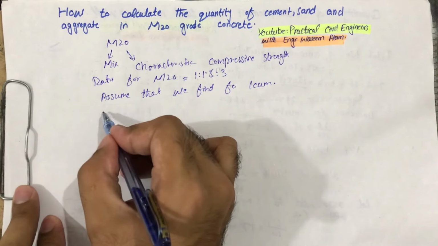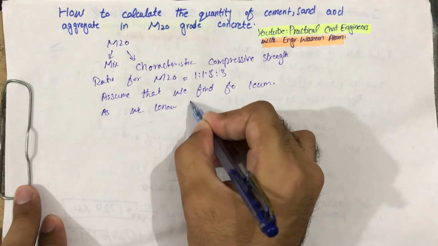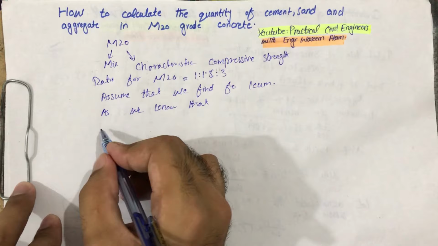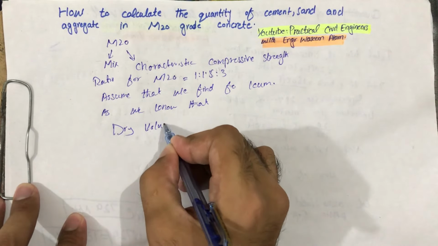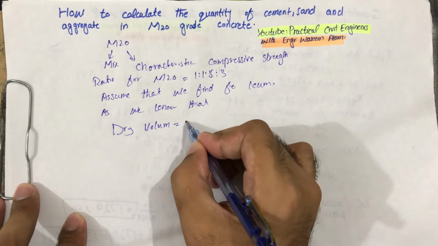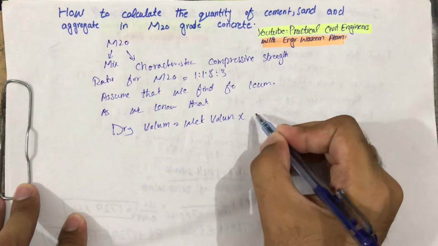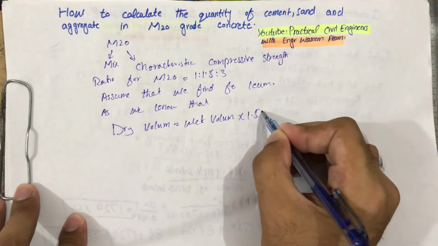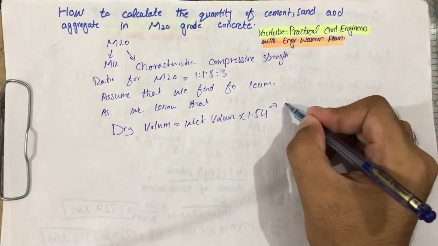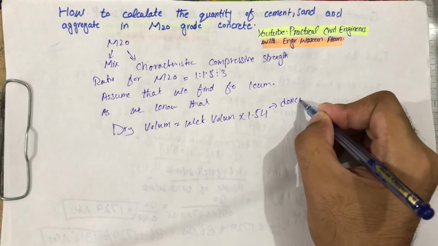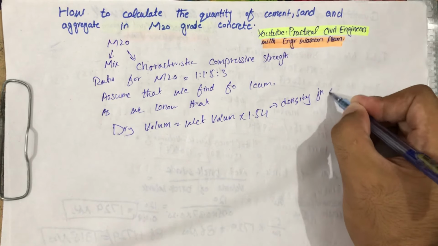As we know, dry volume is equal to wet volume multiplied by 1.54. This 1.54 is the density factor in concrete.